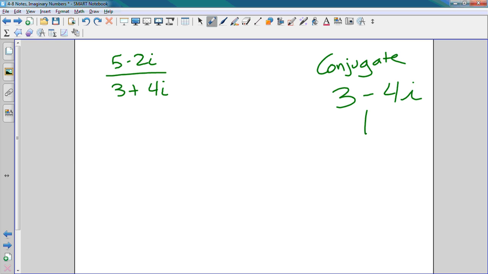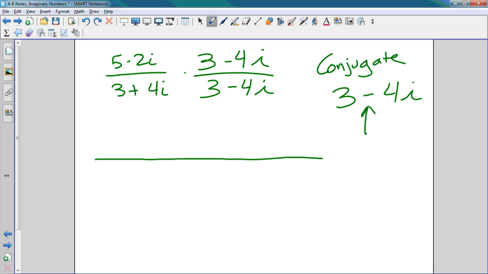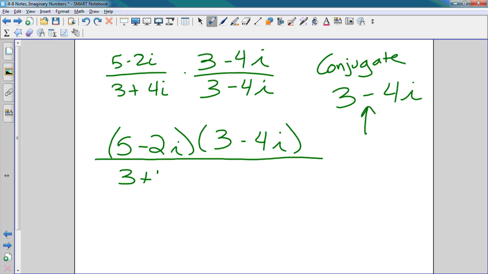I changed that middle sign, so I'm going to multiply by 3 minus 4i over 3 minus 4i, because that's just 1. Now we have to FOIL on the top and the bottom. That's a little bit difficult. It's just a lot of steps. Marry my tops. Now marry your bottoms.